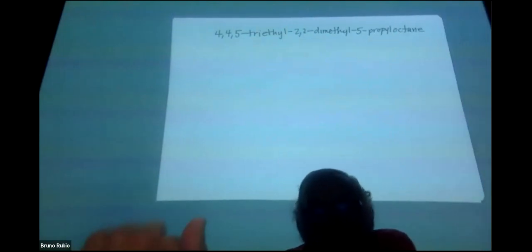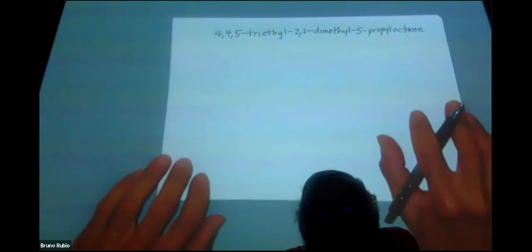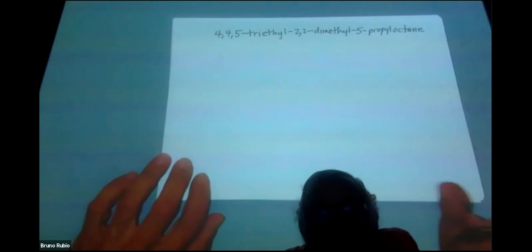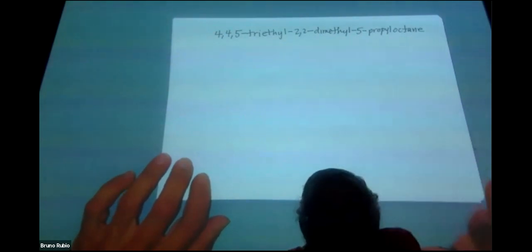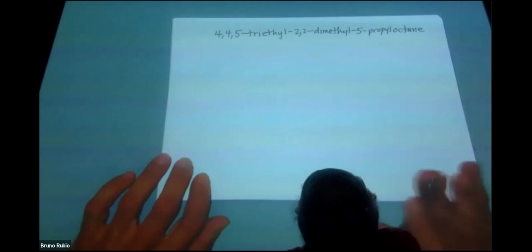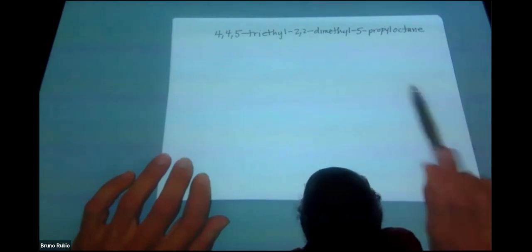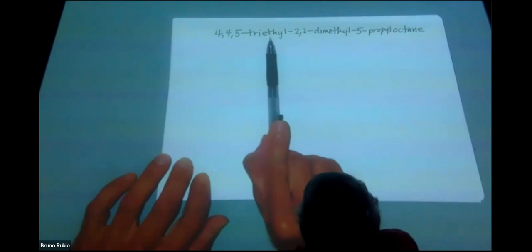Okay, so once again, first step is to find the parent, the last occurrence of a parent syllable in the name that doesn't immediately follow a replicating prefix or a number. Okay, eth is a parent syllable.